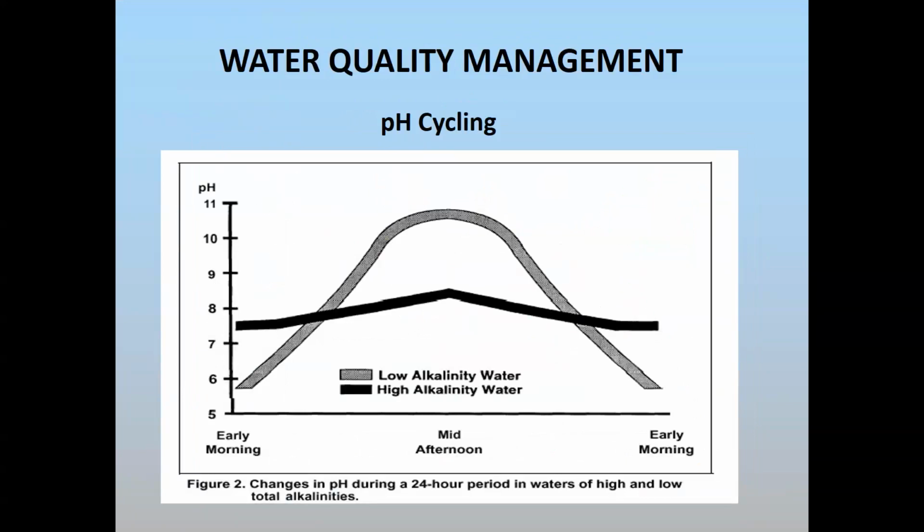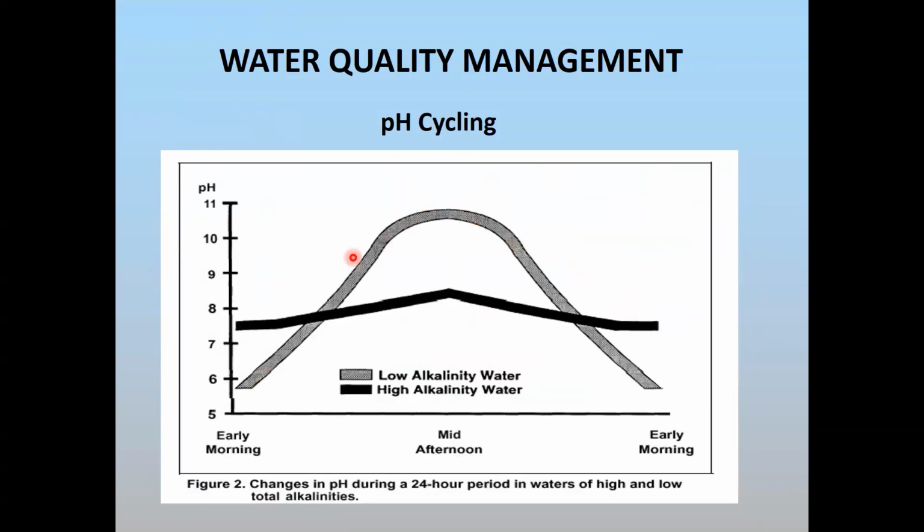And I mentioned this earlier that, you know, again, it just shows another representation of the dynamics of a pond ecosystem, and those dynamics are influencing various water quality parameters. Just talked about oxygen. Here's pH cycling, tends to be lowest in the early morning hours, and then it peaks in the early afternoon.